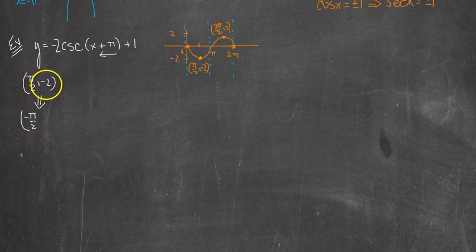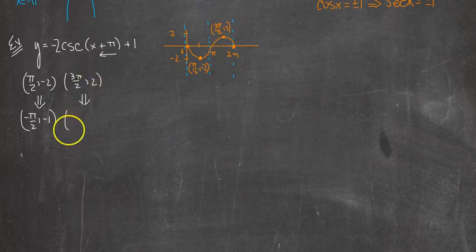And negative 2 up 1 is going to take me to negative 1. And then my other point I care about, 3 pi over 2 and positive 2 is going to map to, let's see, 3 pi over 2, take away pi is just pi over 2. And 2 plus 1 is 3.